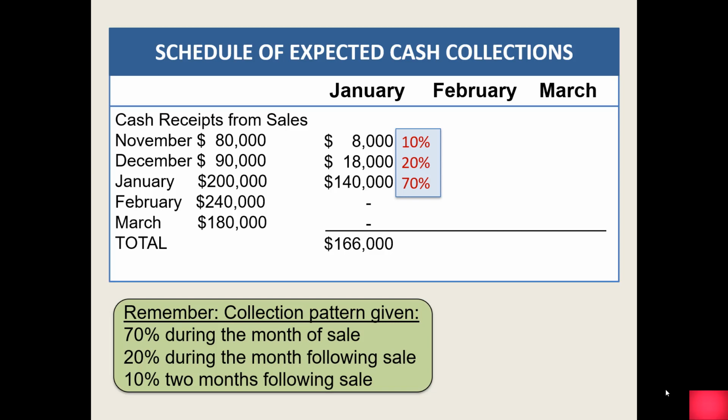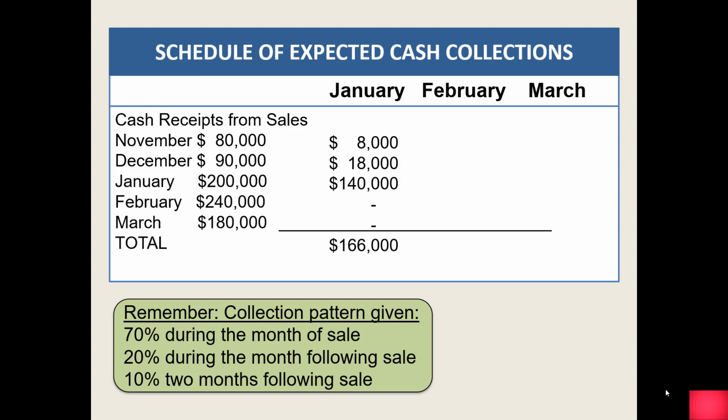We'll do the same thing for February. We don't expect to collect anything from November because we collected that in November, December, and January.